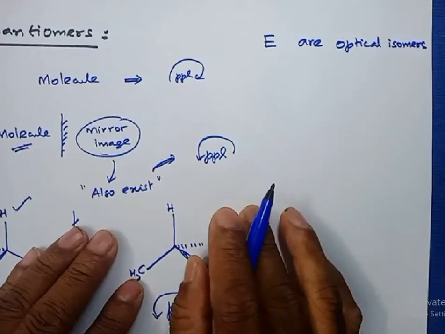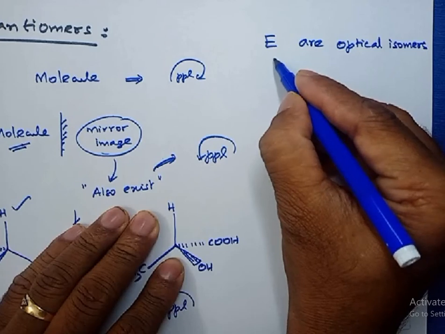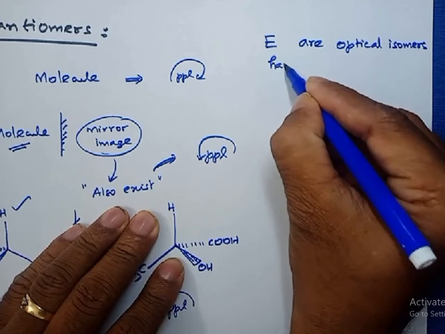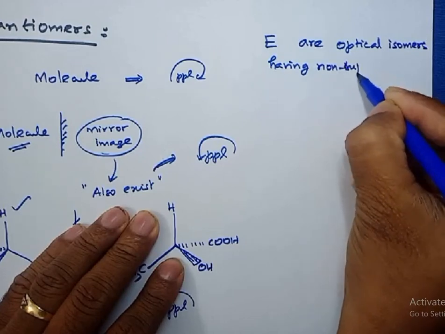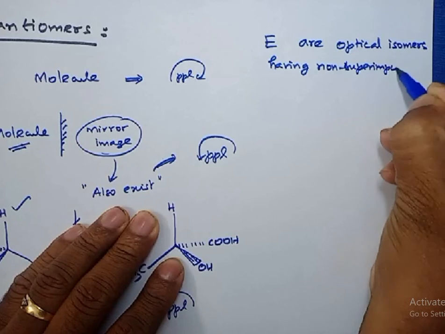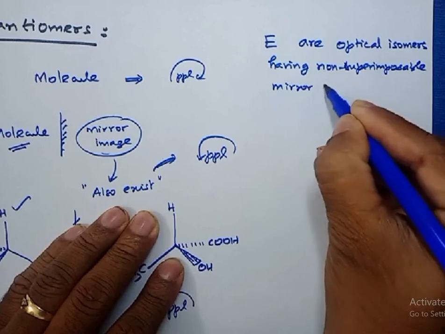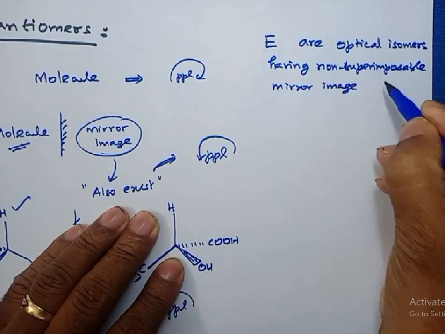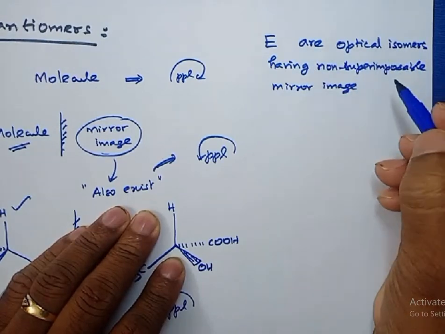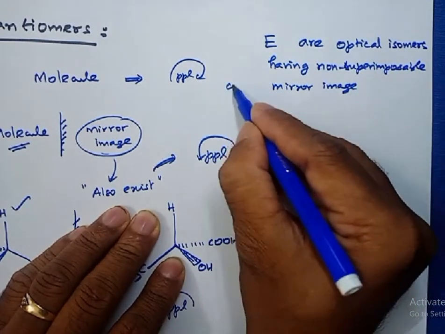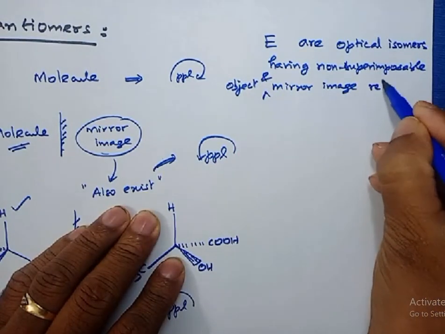Enantiomers are optical isomers having a non-superimposable object and mirror image relationship.